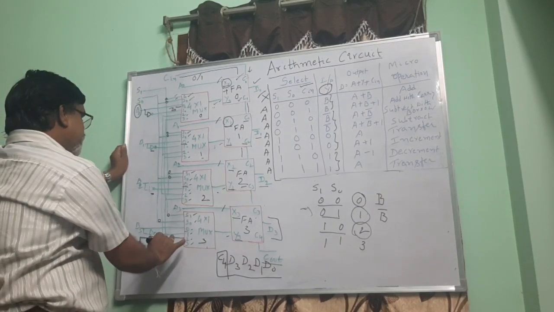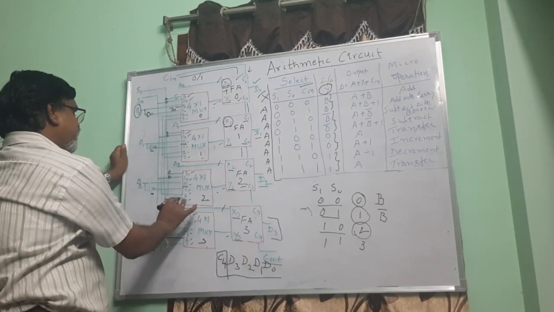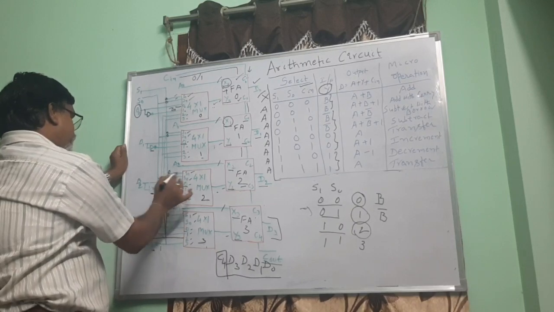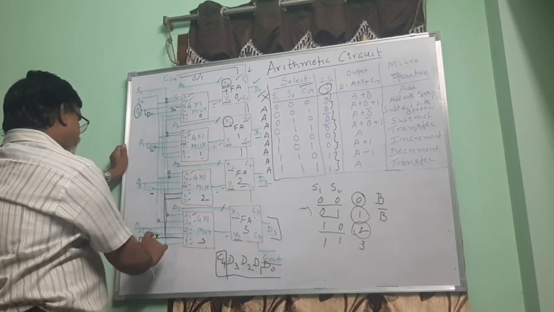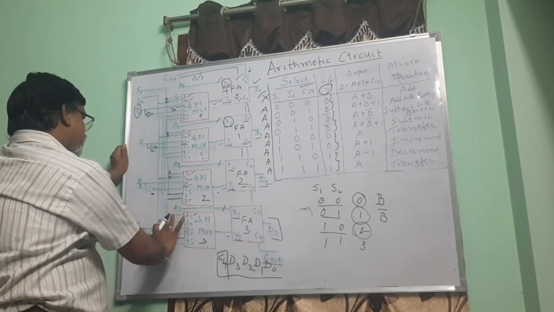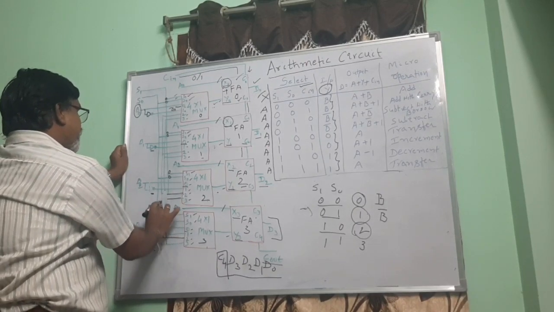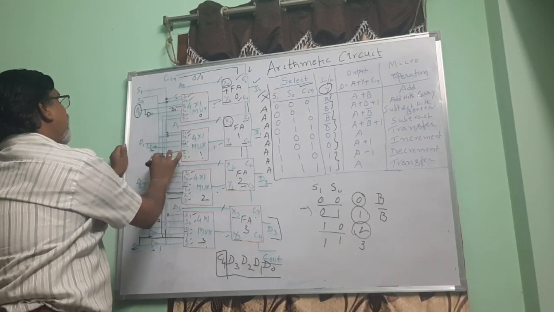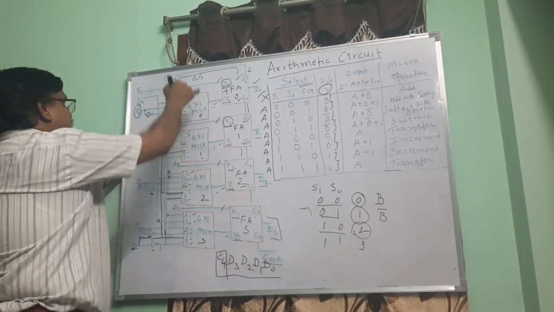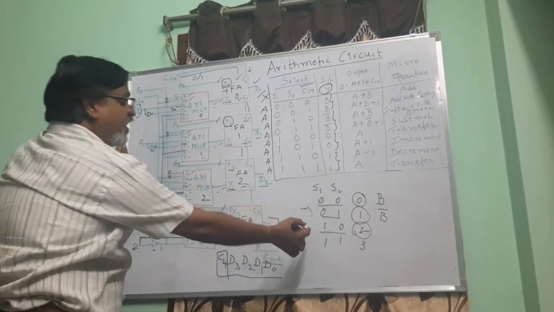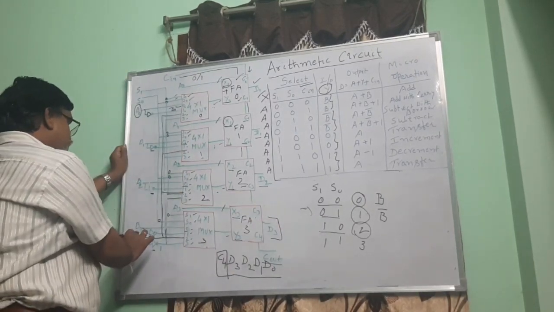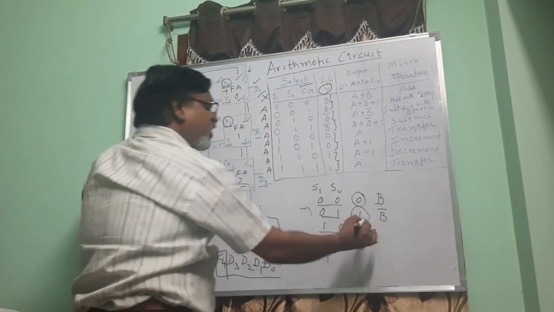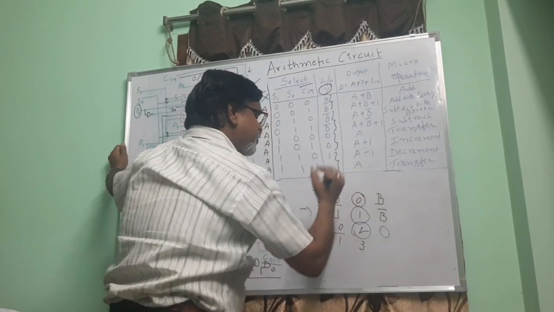The same is transferred to all the multiplexers, so when S1 and S0 are 1, 0, 0 will be passed on. So here, this will be 0.